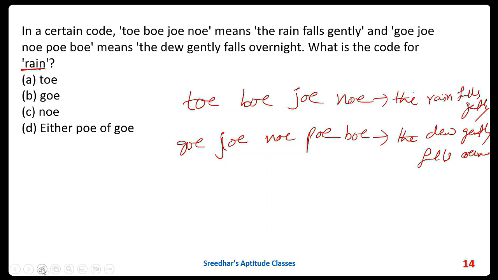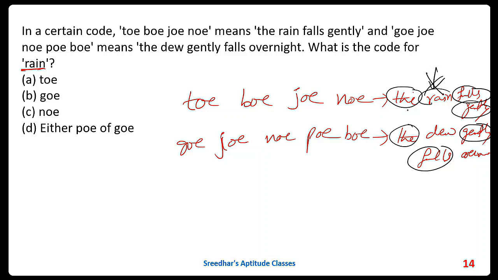What is common in both? Rain is not common, falls is common in both, gently is common in both. So rain is the one which is not common. So what is uncommon in the codes?